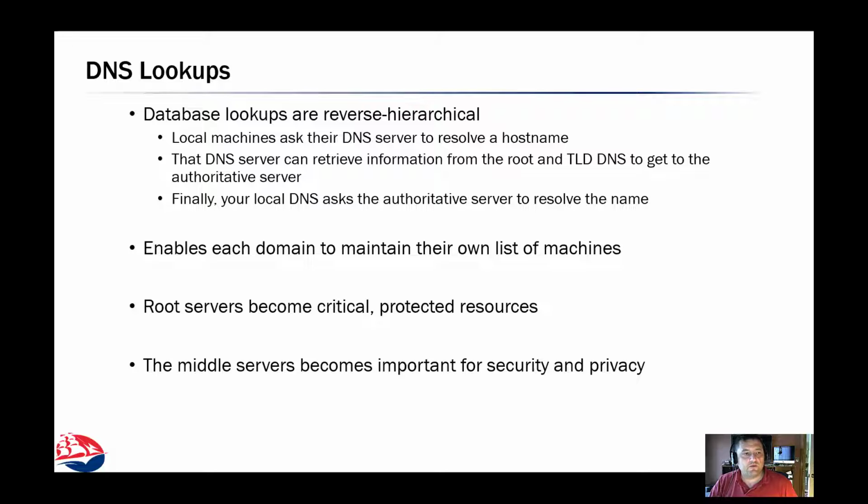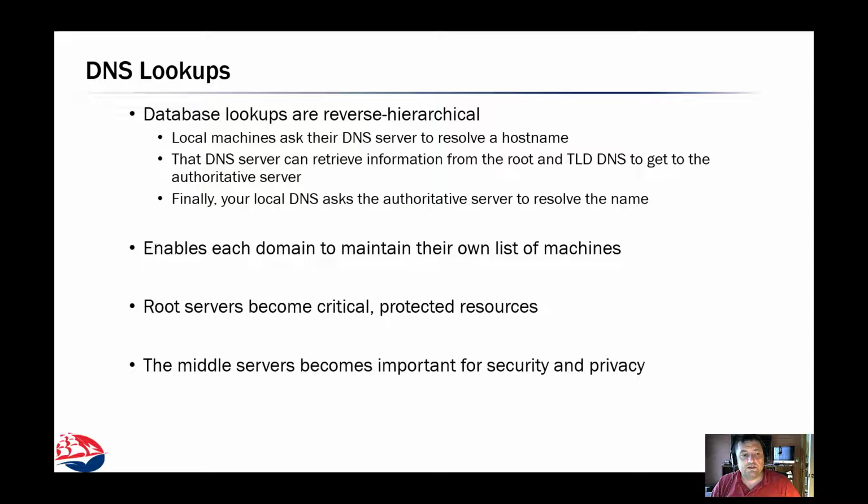So as we said before, database lookups in DNS are reverse hierarchical. Local machines ask their DNS to resolve a host name. So I start locally to get to the top level. My local DNS server is then going to retrieve information from the root and get that TLD server, and then I'm going to talk directly to that TLD server to get the authoritative server, and then finally my local DNS server is going to hit that authoritative server and cache the results as well.